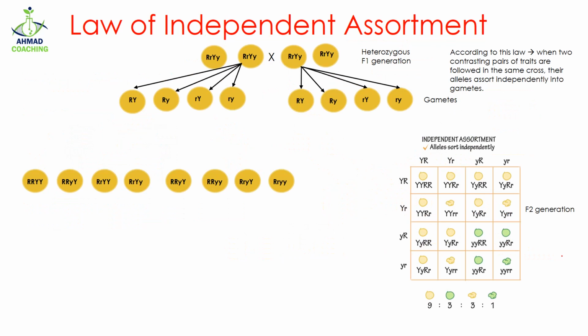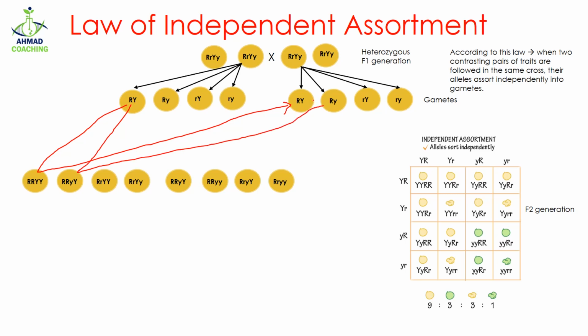Now, if they are going to fuse with each other randomly, we can see that this capital R can fuse with any of the gametes from here. So for example, this first one fuses with this. We will have capital R and capital Y and capital Y, but this gamete can also fuse with the second one.